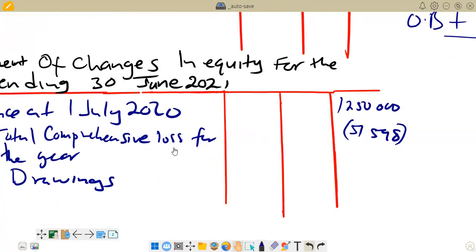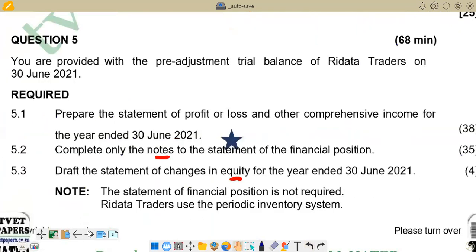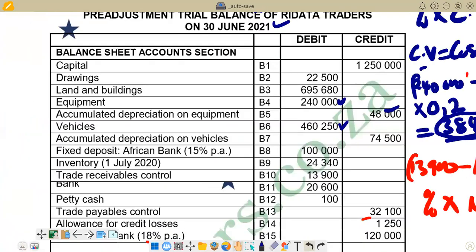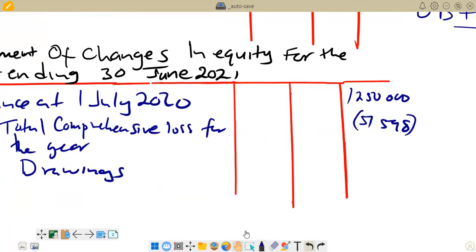For drawings, you go back again to the list of balances to see what figure for drawings we have. If you come here, you see that the figure for drawings that we have is 22,500. So you are going to come here and say drawings 22,500.